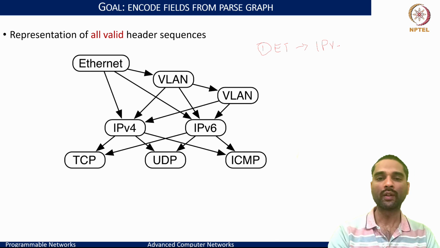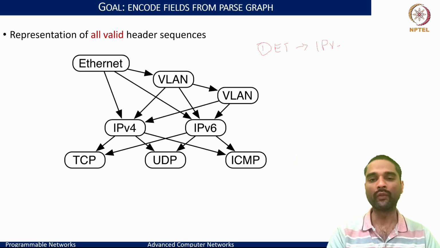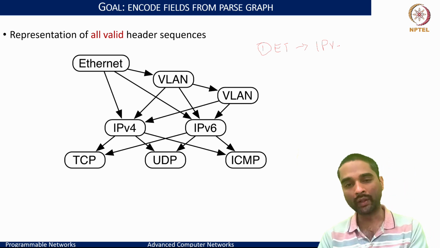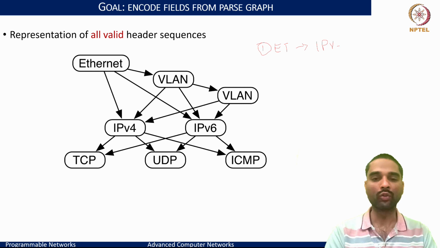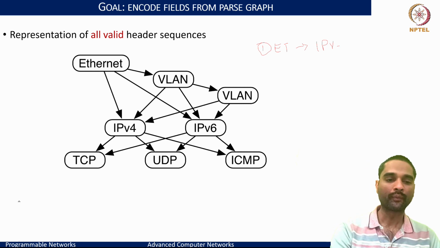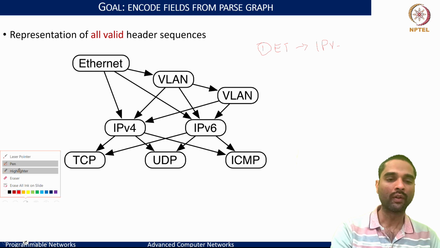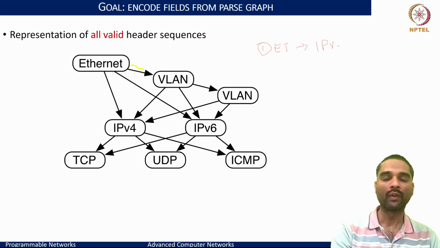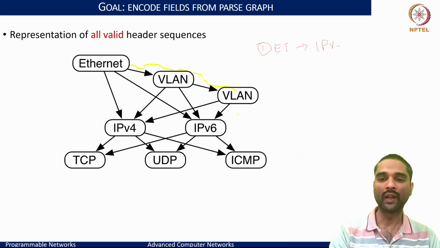The other is Ethernet followed by VLAN followed by IPv6, and then it could be either UDP or ICMP. And likewise, we may have Ethernet, VLAN followed by another VLAN, and then IPv6, and then ICMP or UDP.